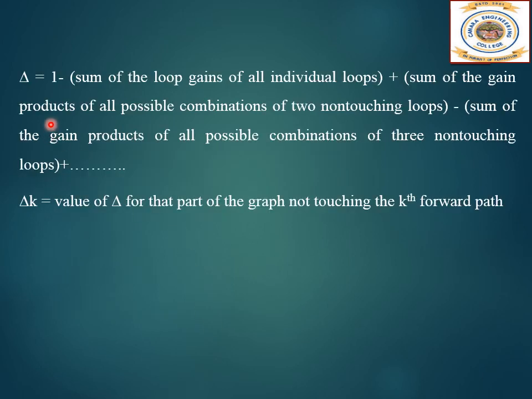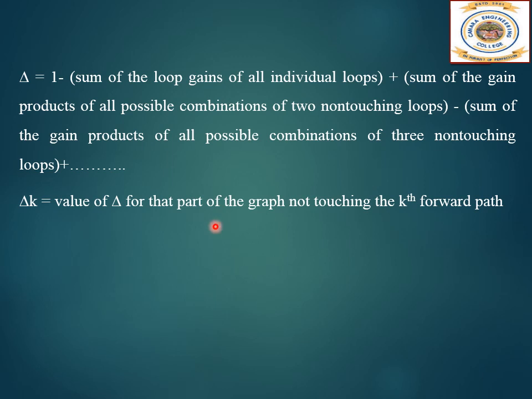Then we have Δ. Δ is equal to 1 minus the sum of the loop gains of individual loops, plus the sum of the gain products of all possible combinations of two non-touching loops, minus the sum of the gain products of all possible combinations of three non-touching loops, plus so on. We truncate the formula at whatever we have; if we don't have any two non-touching loops, then we truncate it.